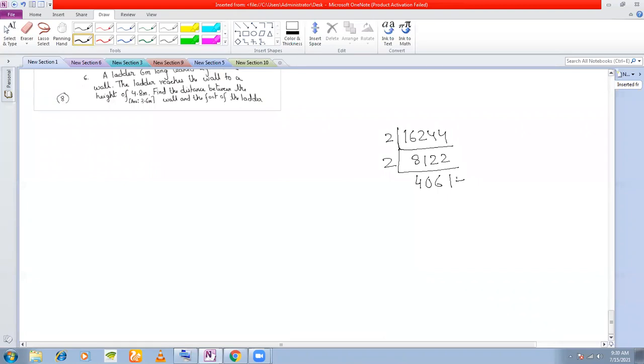But what you see here is that you have a 1 here. That means whatever two numbers you are multiplying to get 4061, what should be the last digit of those numbers? Can anyone tell me what should be the last digit? Either it can be 1 or it can be 9 also, right?